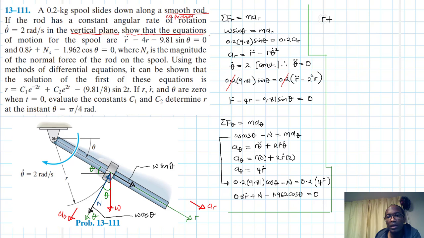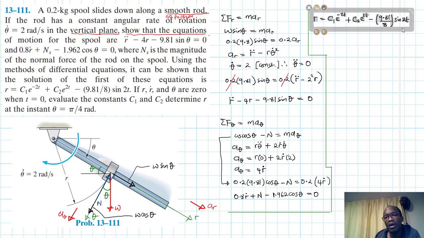So r is equal to C1 e to the power minus 2t plus C2 e to the power 2t, minus 9.81 divided by 8 sine 2t. So this is the solution by using the methods of differential equations.